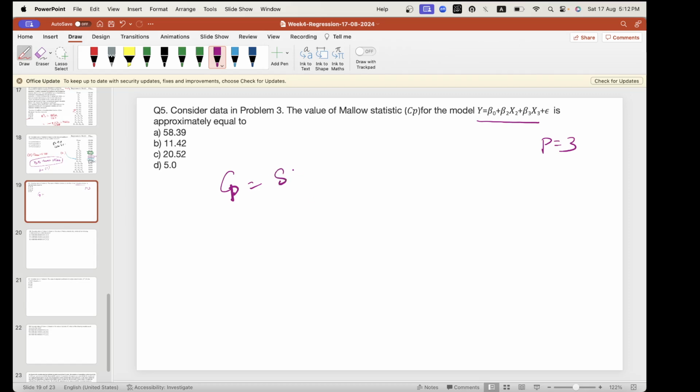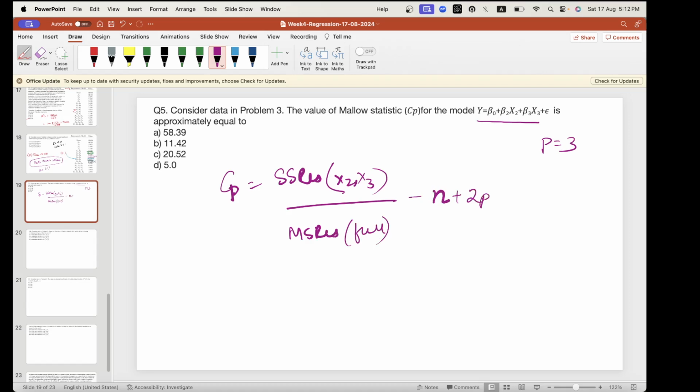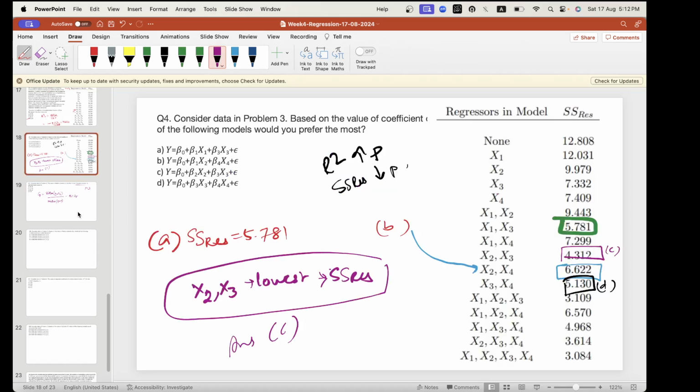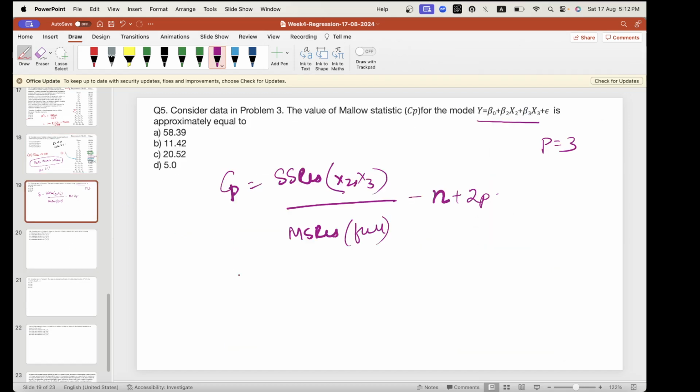Okay, so this would be SS residual x2 x3 by MS residual full, minus n plus 2p. So again x2 x3 residual is how much? That is 4.312. So here we would have 4.312 divided by MS residual full.